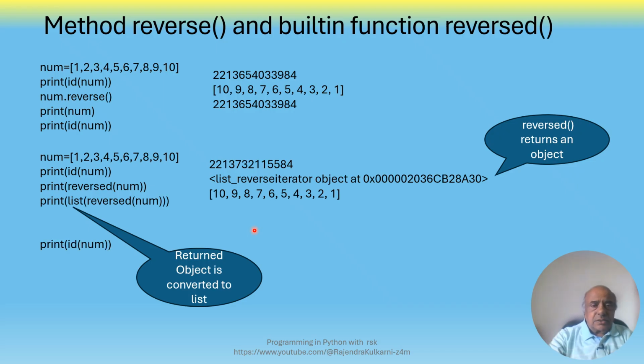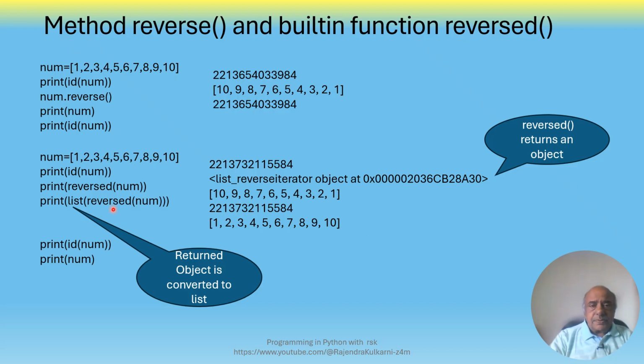The returned object is converted to list. And when we take the ID, what we get is 15584, and when we print num we get the original list 1 2 3 4 up to 10.